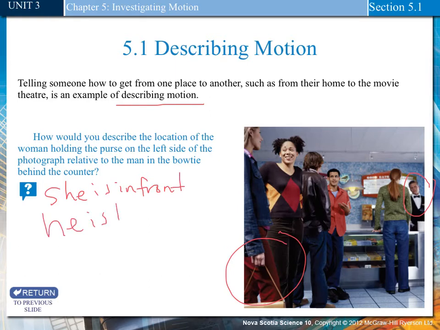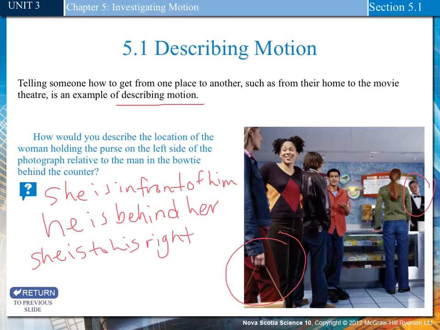He is behind her. She is to his right. He is to her right. They are approximately 2 meters apart.